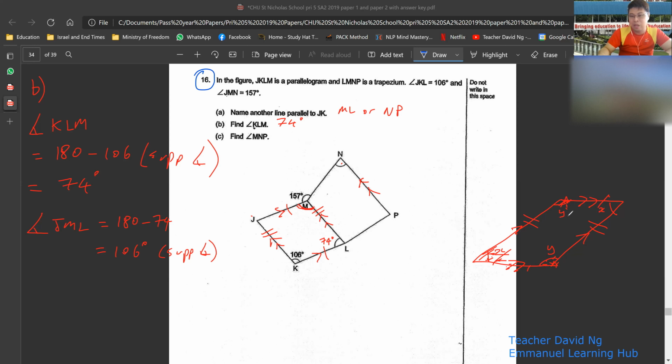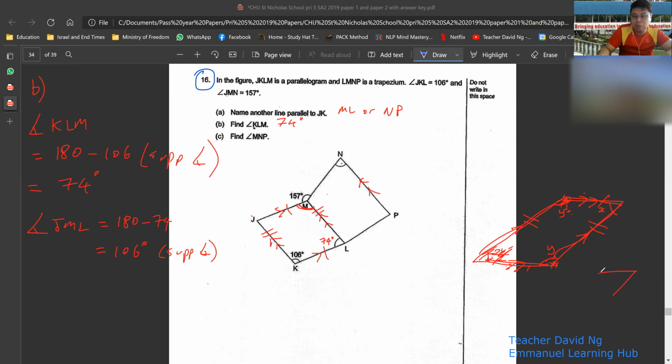It makes sense because they are parallel lines. This line is parallel to this line, then this line is parallel to this line. Then x and y are interior angles, so x and y are supplementary angles. So x plus y is 180. You have to think through to understand why diagonally opposite angles are the same in a parallelogram.